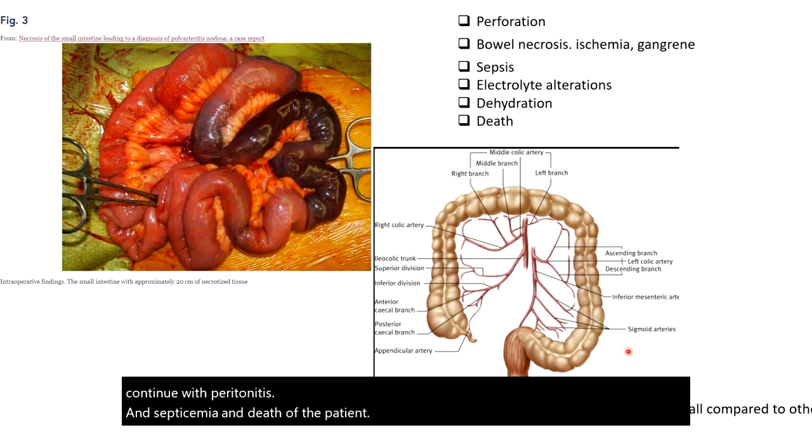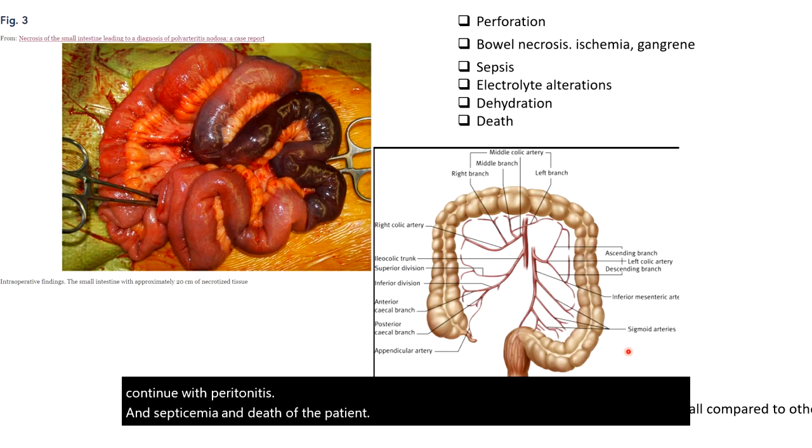Other disorders that have to do with necrosis and perforation are mesenteric ischemia, when it occurs in the small intestine, or colonic ischemia, when it occurs in the large intestine.